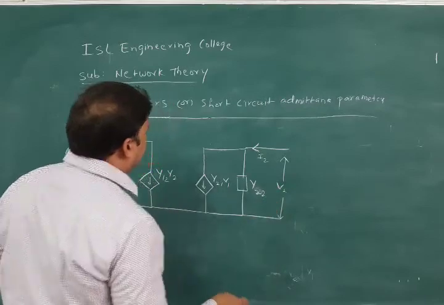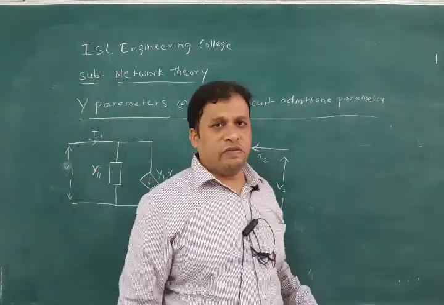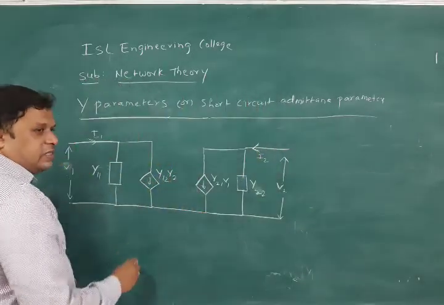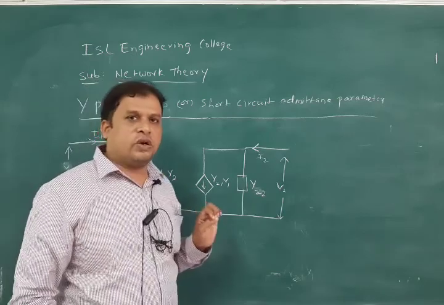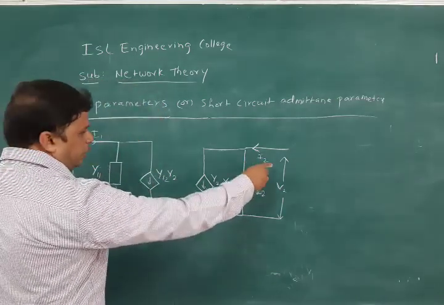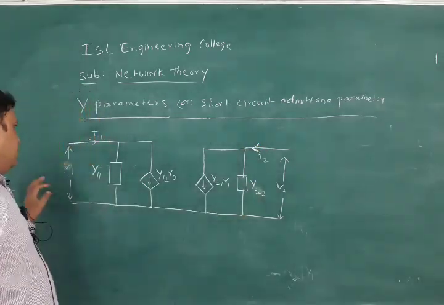So by the equation given to you, where I1 is equal to Y11 V1 plus Y12 V2, you can draw this particular circuit diagram. If you are asked to draw this circuit diagram, you can mention these parameters like this, and you can write the particular equation, that is the Y parameter equation there. Okay.